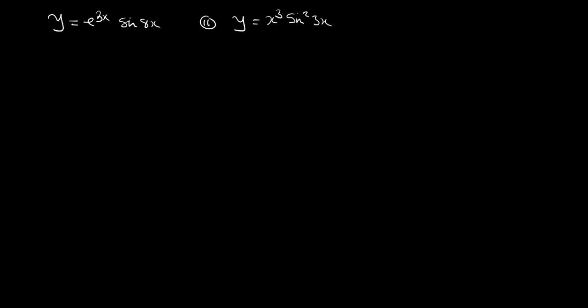When you have sine squared, let's say sine squared 2x, this is just sine 2x, all to the power 2. You know what to use here: the chain rule.